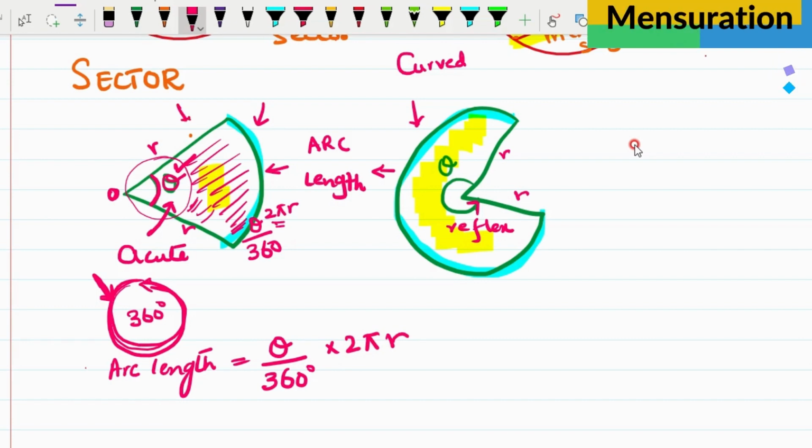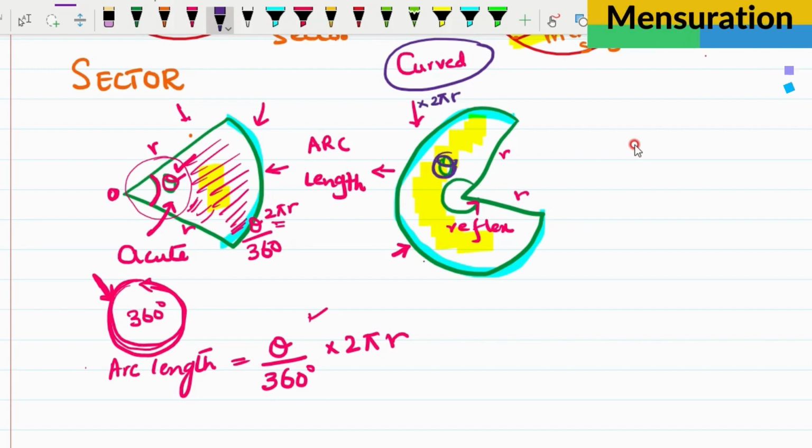But what about this Pac-Man? Can we apply this arc length here? Can we find this arc length by using this formula? Yes, of course, because this is also a curved line, and to calculate the perimeter of a curved line it is always the circumference of a circle, that is 2 pi r, and we need to multiply it with the angle given.